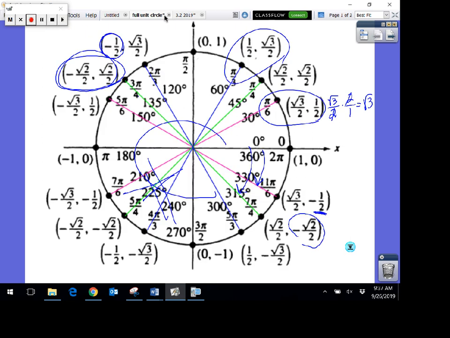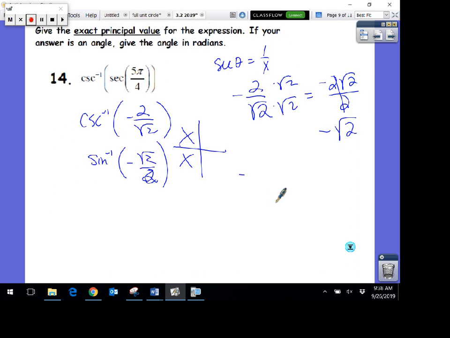So you go to your unit circle. Here is y equal to negative root 2 over 2, not 7 pi over 4. We have to go in the negative direction because we cannot go through quadrant 3 when we're talking about inverses, because we have principal value and we have restrictions. So your answer would be negative pi over 4. Only possible answer right there.